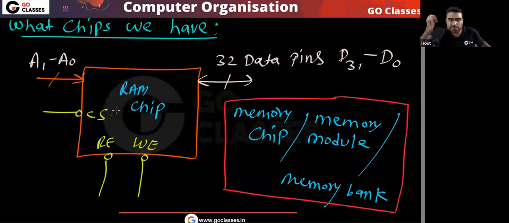So this is the RAM chip that you have. In our RAM chip, only 2 address pins are there, A1 and A0.